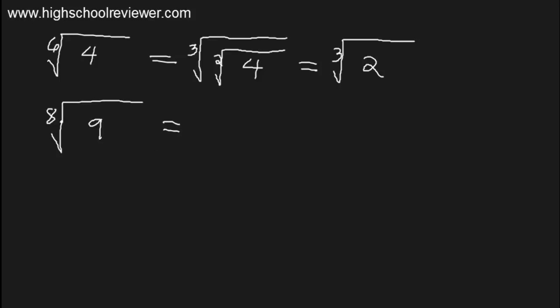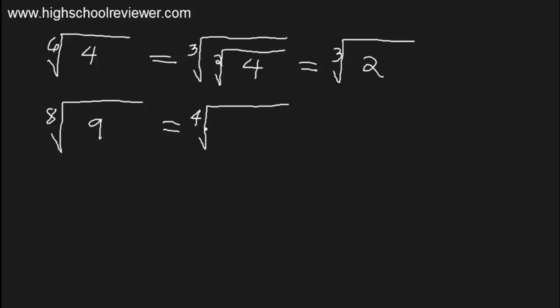So we will think of another root wherein we can get a perfect value for 9. The best root here that will give us that will be the square root. So we will factor out 8 and 2. The factors of 8, wherein one of the factors is 2, will be 4.